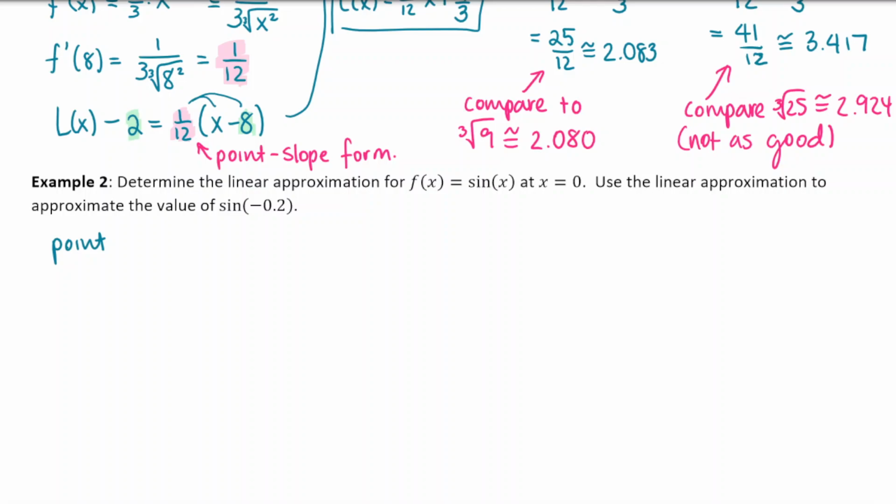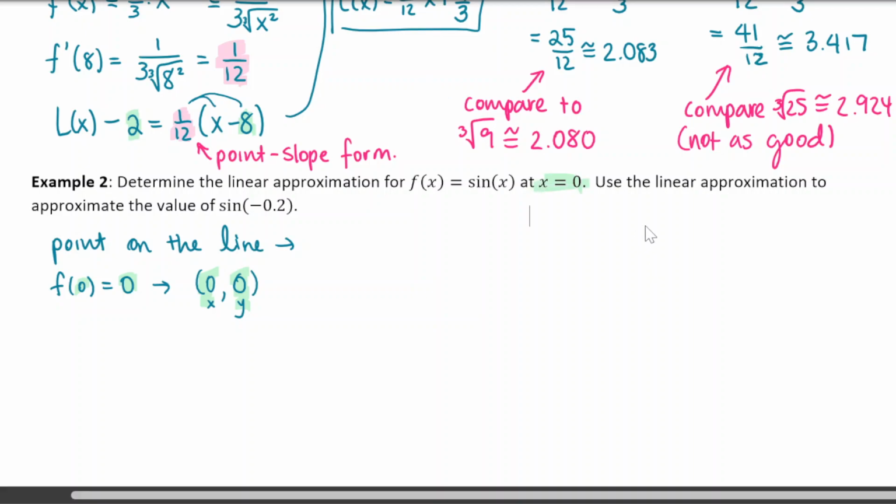So the point on the line is going to be, so f of 0 equals 0. So therefore, the point that we're looking at is 0, 0. Okay? Because that's the point that they're telling us to do.